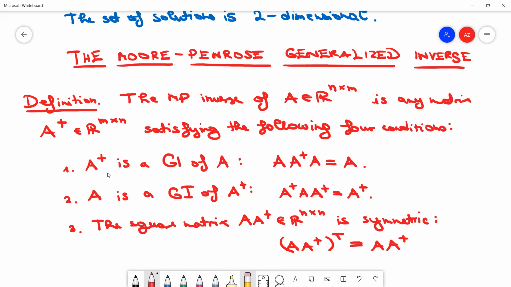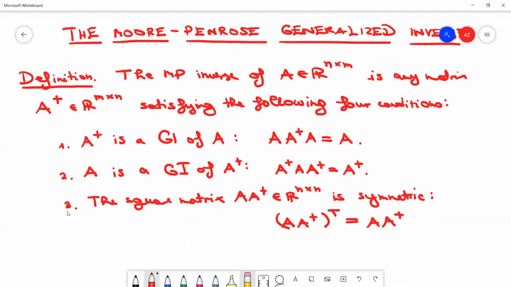It doesn't seem obvious why we would need this condition, but it will be seen from the next theorem that this condition is needed if we want the Moore-Penrose generalized inverse to be really unique. So it will be crucial to use this third and fourth condition, which is just an analog of the third one, to prove that the Moore-Penrose inverse is unique.